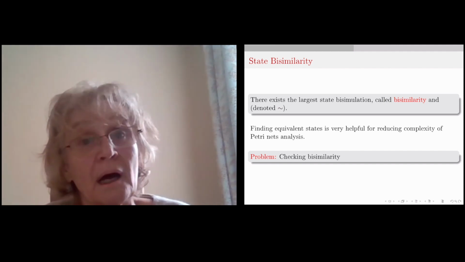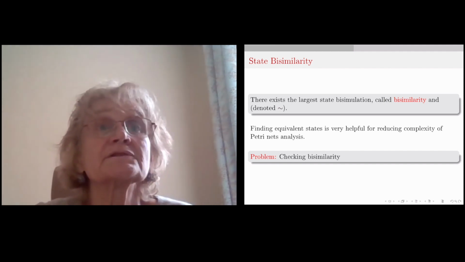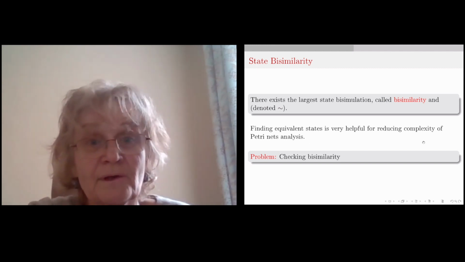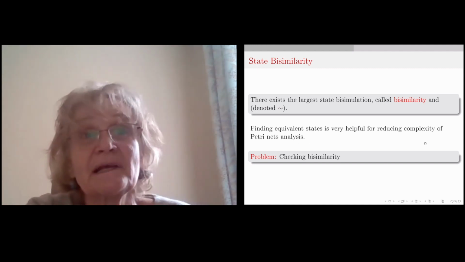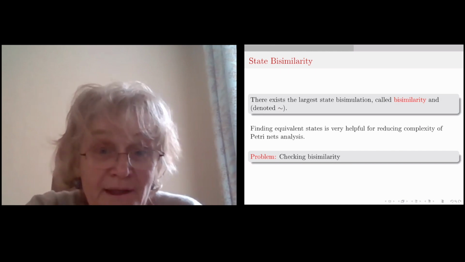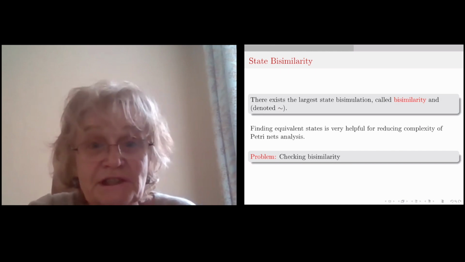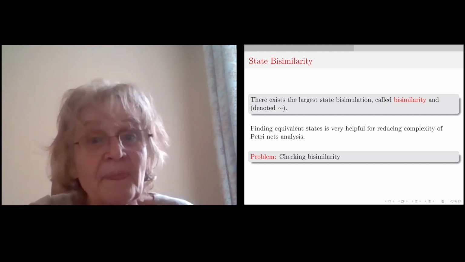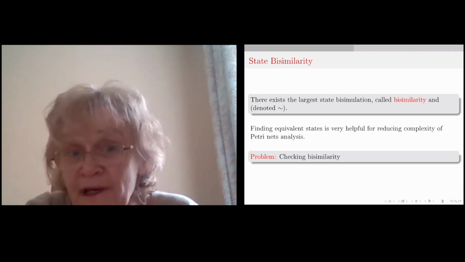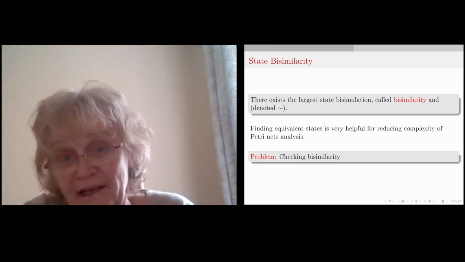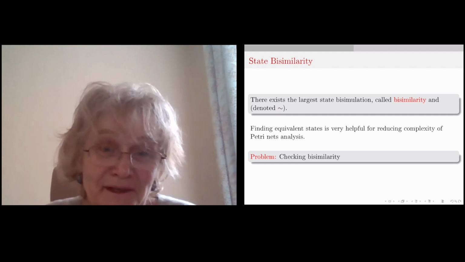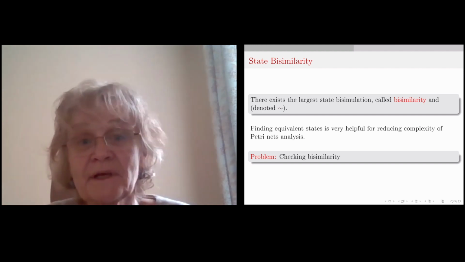And of course, state bisimilarity is very important to check. So how can we check that two states are bisimilar? When we speak about finite state machines, we do not have problems. Of course, everything is decidable for finite state machines.